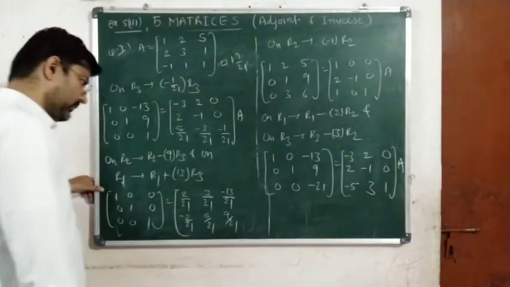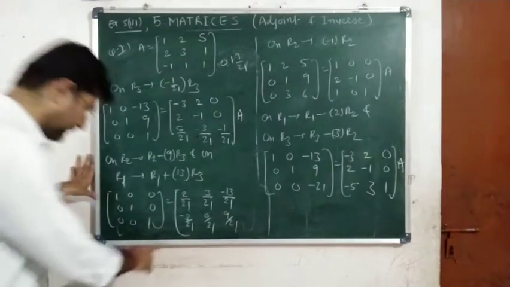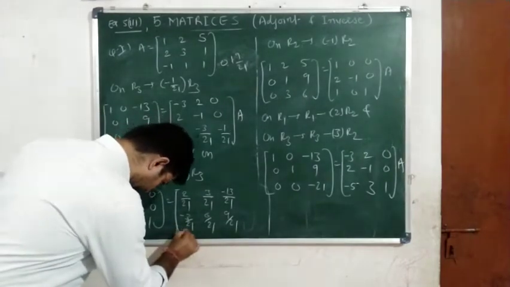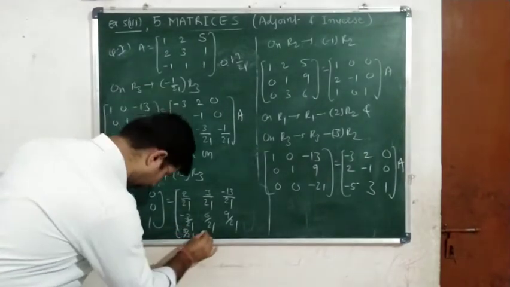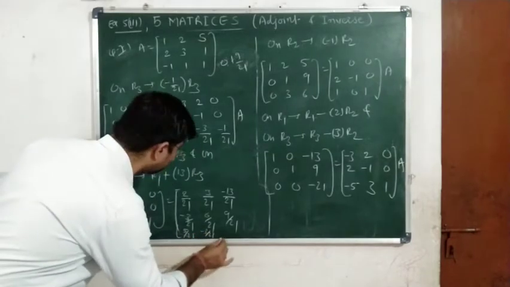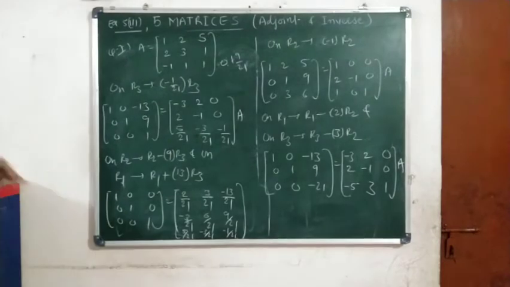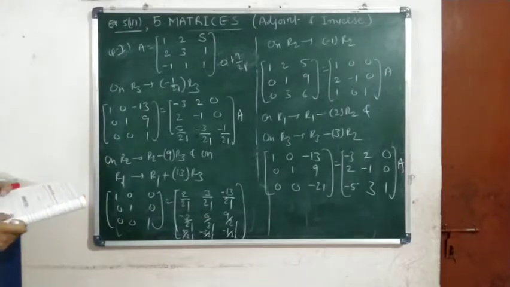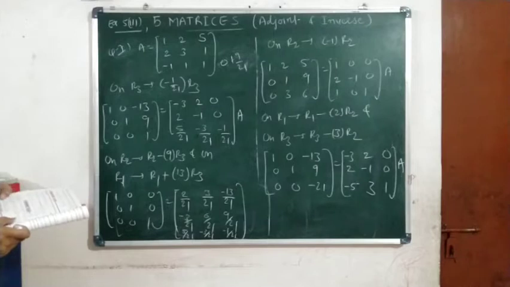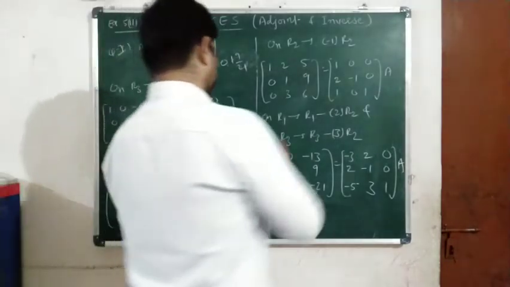Okay, and the third row as it is: 5 by 21, minus 3 by 21 and minus 1 by 21. Clear? So now we got the answer, 1 by 21 if you take common, and then we can check: 2, 3, minus 13, minus 3, 6, 9, 5, minus, okay, done. So this is the correct answer.